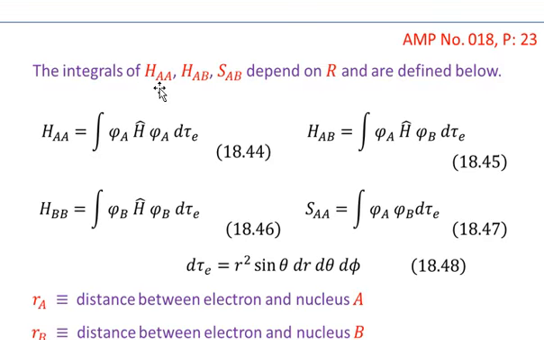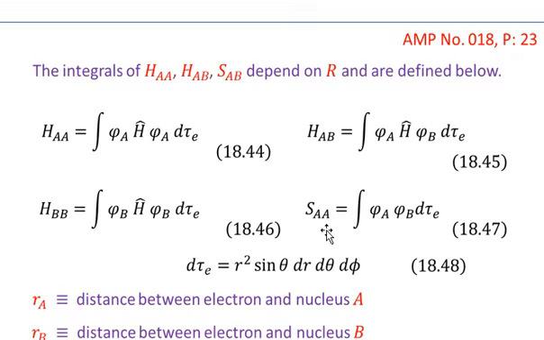The integrals HAA, HAB, SAB depend on R and are defined below. HAA is defined by the integral of phi A, Hamiltonian operator, then phi A, and integration with respect to d tau e. And HAB is equal to the integral of phi A, Hamiltonian operator, then phi B, and the integration is with respect to d tau e. And HBB is equal to the integral of phi B, Hamiltonian, and then phi B, and d tau e.